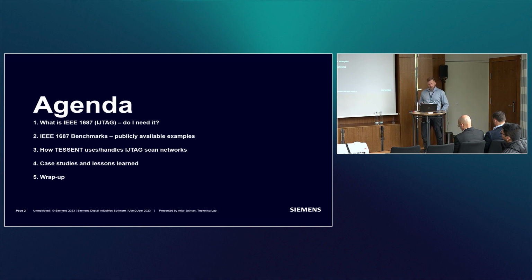I will look through some applications or use cases in the Tessent flow, and give you some ideas where you could look at different implementations and different possible topologies of 1687 networks beyond just EDA tools, what the standard itself foresees, and what could be done on top of what EDA tools automatically support.